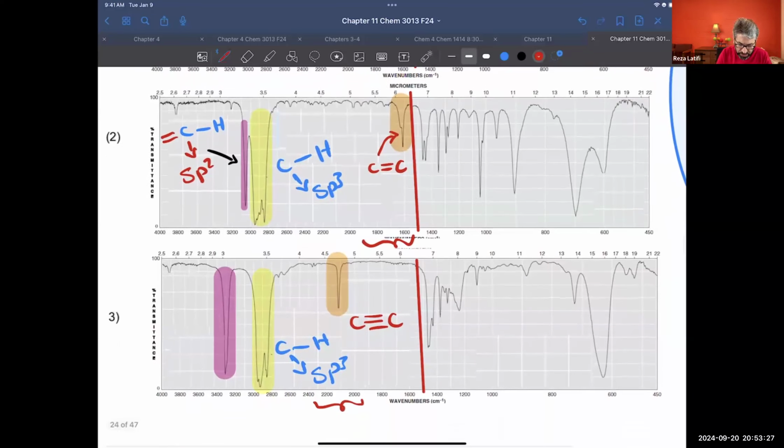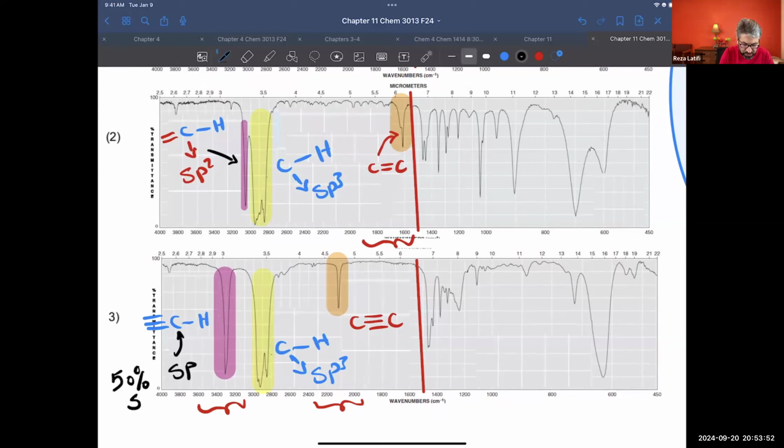Again, I see a shift, and this one is now showing up between 3200 and 3400. So I'm going to say this one is an H attached to a carbon, and the carbon is involved in a triple bond. This carbon has sp hybridization, so s character here is 50%.